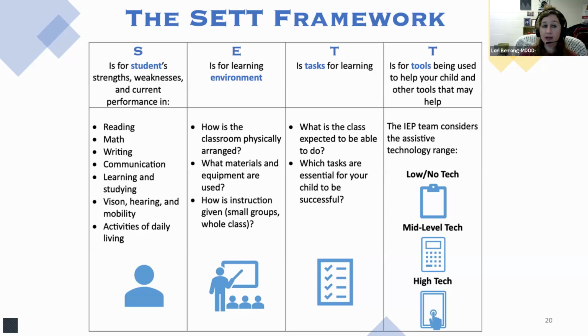So the SET framework, again, is used in the school system, but it is by and large a framework to be used across the board for anyone when we're thinking about assistive technology. And it's always that person first, so student, then the environment, the tasks that they want to accomplish, or sometimes in this case, those behavioral characteristics that we want to help them with, and then the tools.